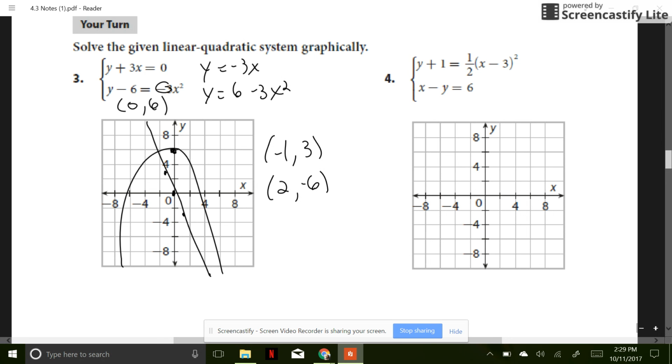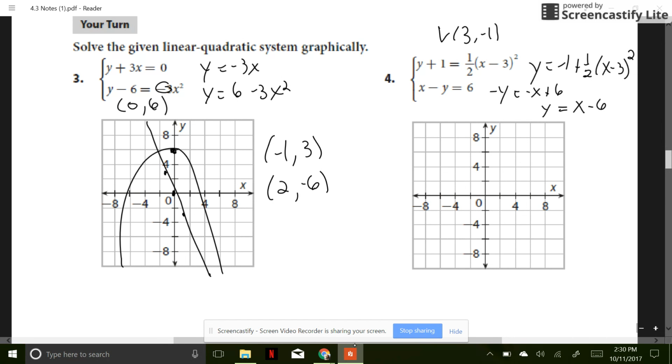Over here, if we solve it for y, you have to subtract the 1. This is going to be another parabola here, so its vertex should be at (3, -1). Solving this for y, we should get -y equals -x plus 6, which means that y would equal x minus 6.